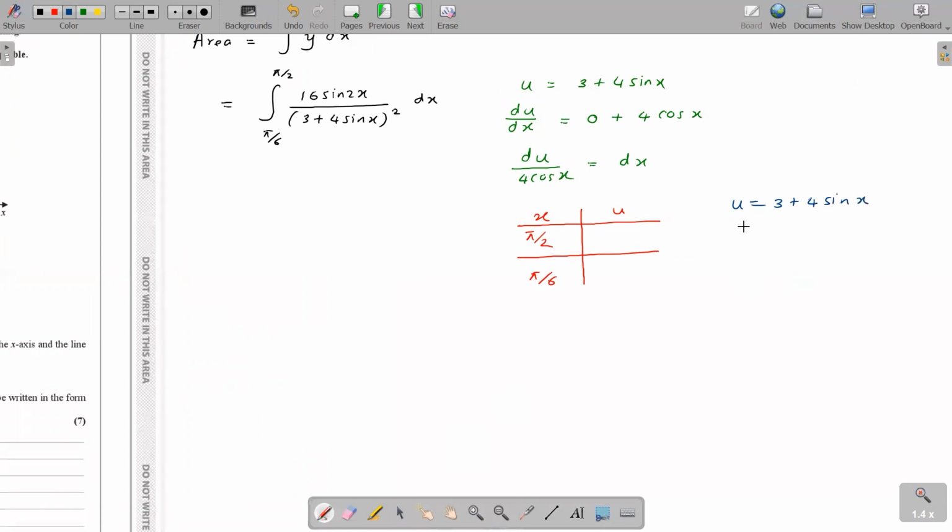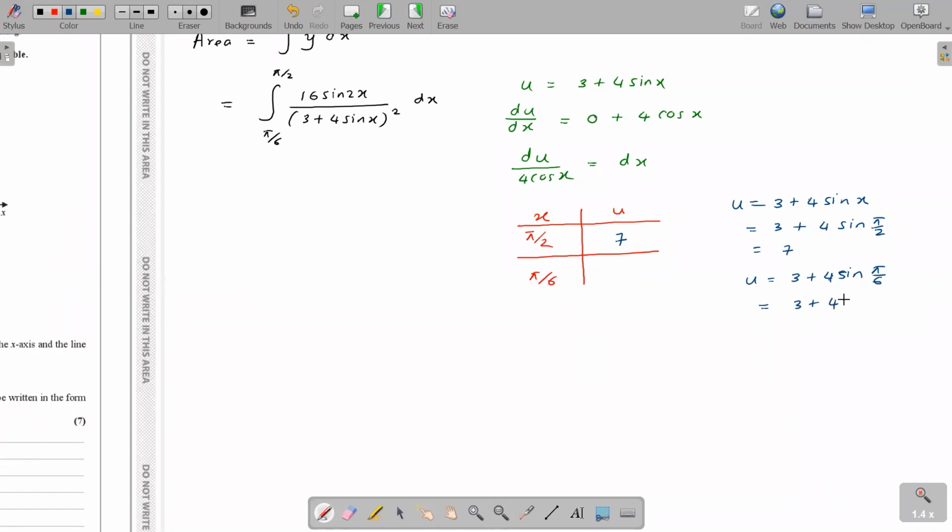Calculator must be in what mode? Radian mode. 4 times sine pi over 2. How much is sine pi over 2? It is 1. Right? And so 3 plus 4 is 7. So u equals 7. The next one, at pi over 6, u equals 3 plus 4 sine pi over 6.